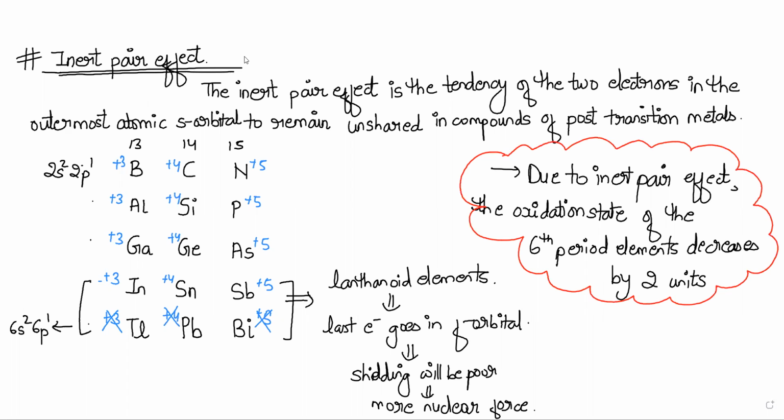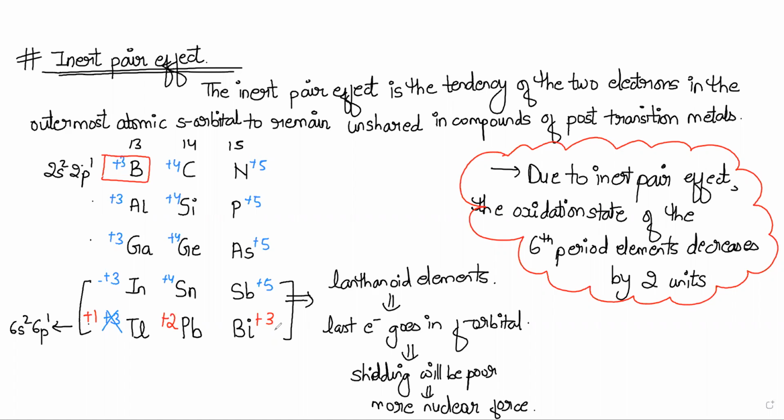So now if you see here, in group 13, if boron shows +3, thallium will show +1, decrease by 2. Carbon will show +4, so lead will show +2. Similarly, if it's +5, it will be +3.